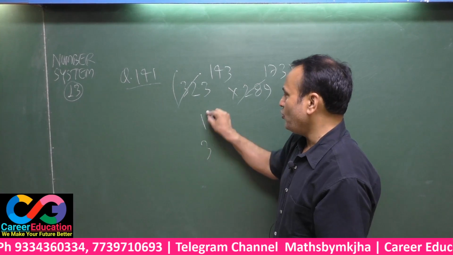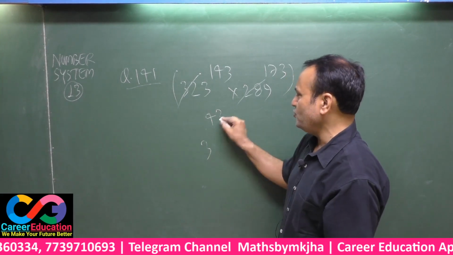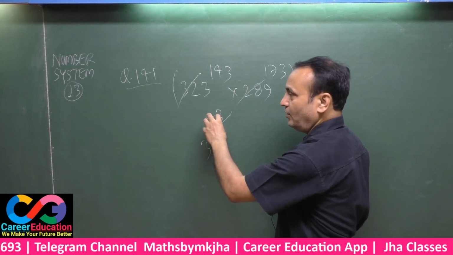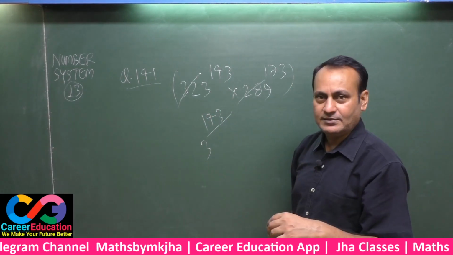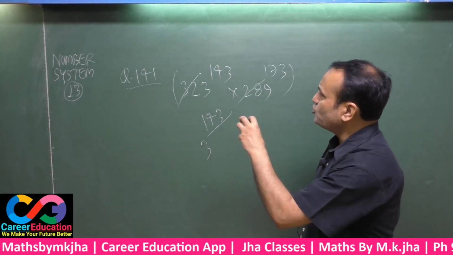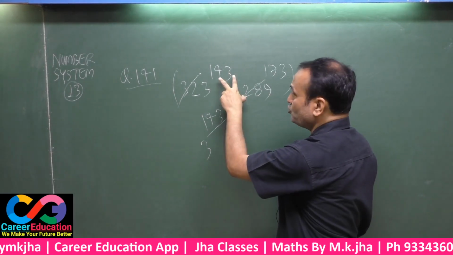In such type of questions, you have to take the last two digits of the power from the right.